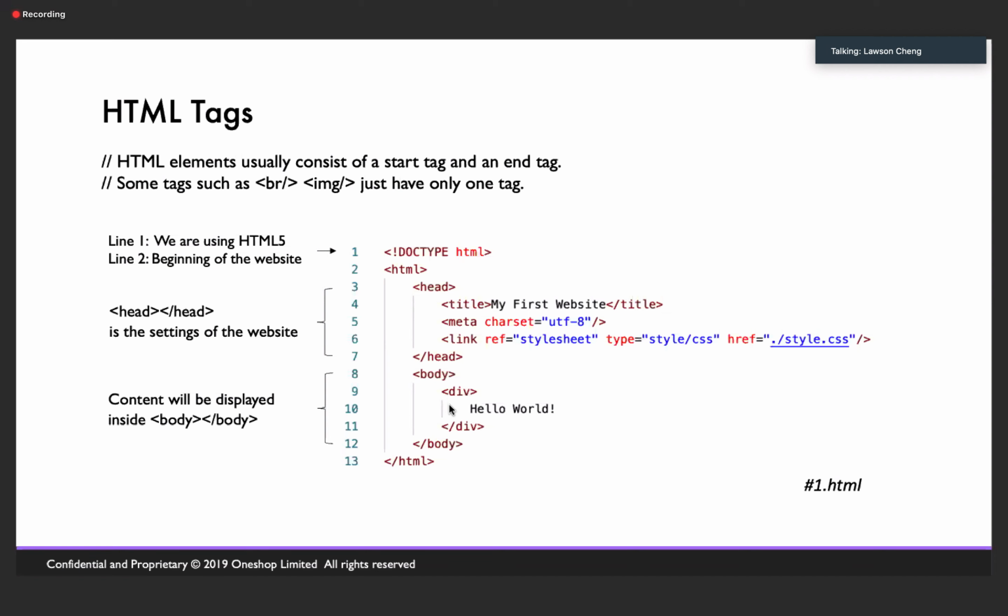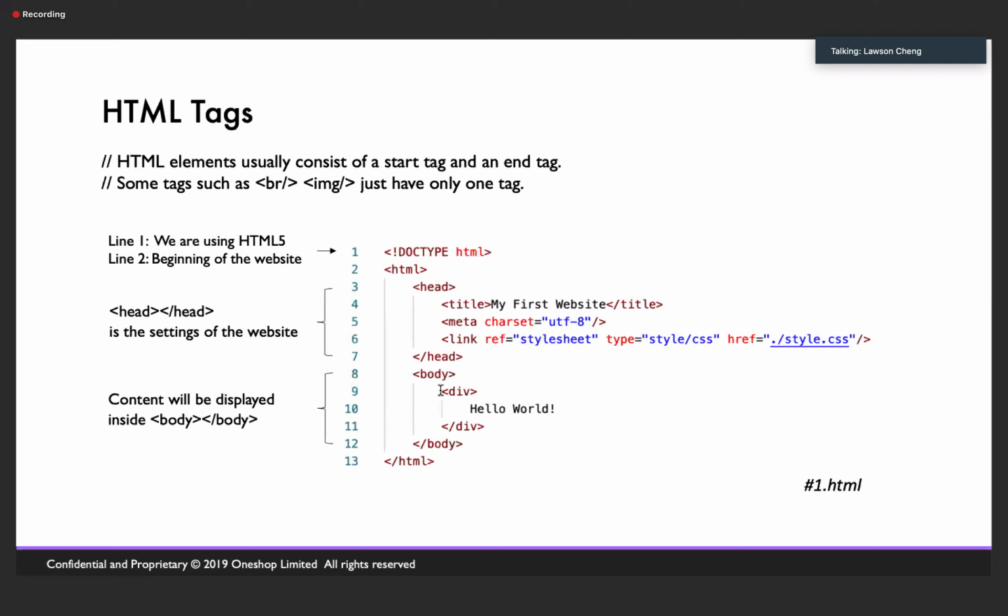And then the body tag. All the contents you can see are included inside the body tag. If you put something inside the head tag, it's not a practical way to display the content, and maybe you can't see it. Remember, put the content inside the body tag.